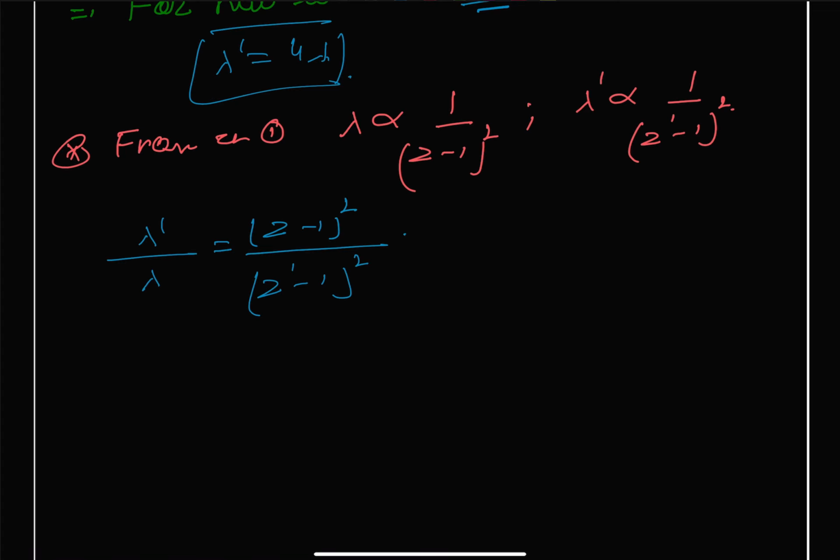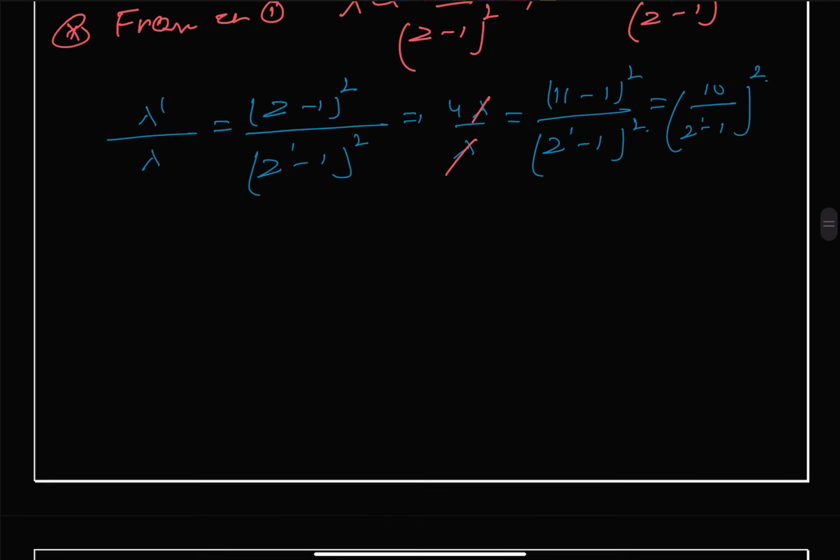So this gives us 4 times lambda divided by lambda is equal to, Z is 11, so 11 minus 1 whole square upon Z prime minus 1 whole square. And lambda cancels with lambda. So we are left with 10 square upon Z prime minus 1 whole square.